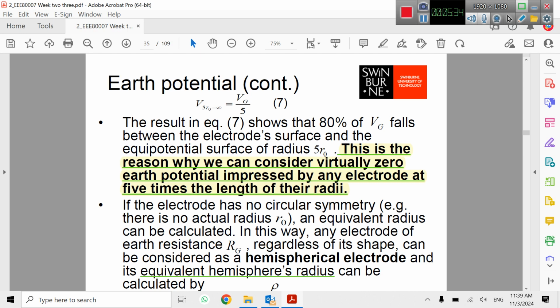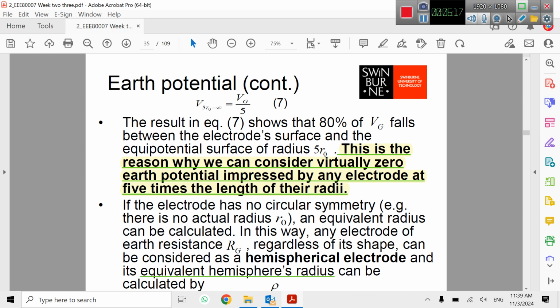We should note that this voltage drop matters because usually we have more than one earth electrode. If the earth electrodes need to be connected to the ground in different areas, we should consider a case of virtually zero earth potential, meaning none of the electrodes should have a potential effect on the other.